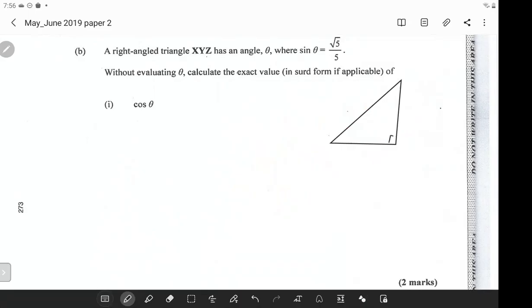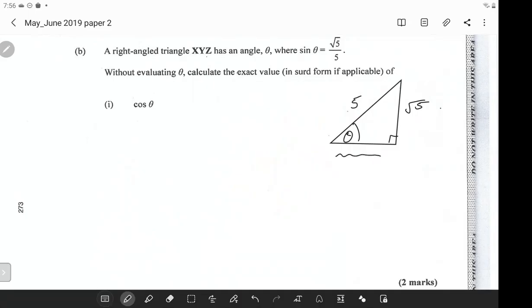This is our right angle here. This is our theta. Now we know sine of theta is opposite over hypotenuse. So the easiest triangle we could get is square root of 5 being here and 5 being here. All right, so sine of that theta would be square root of 5 over 5.